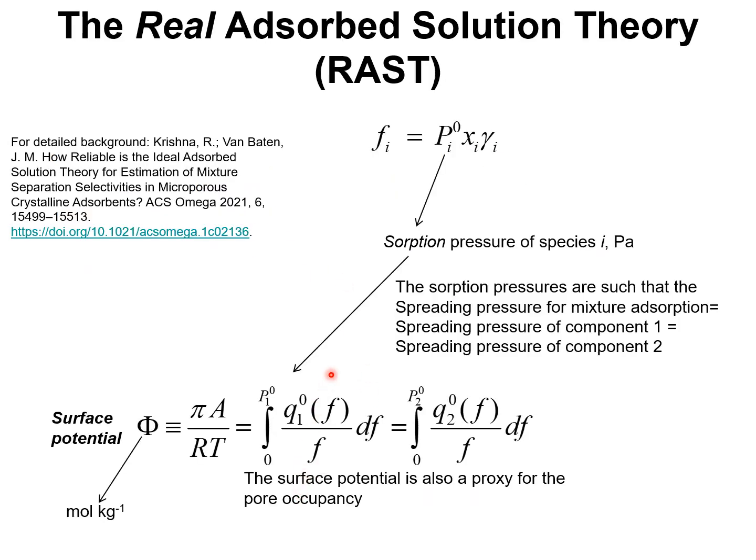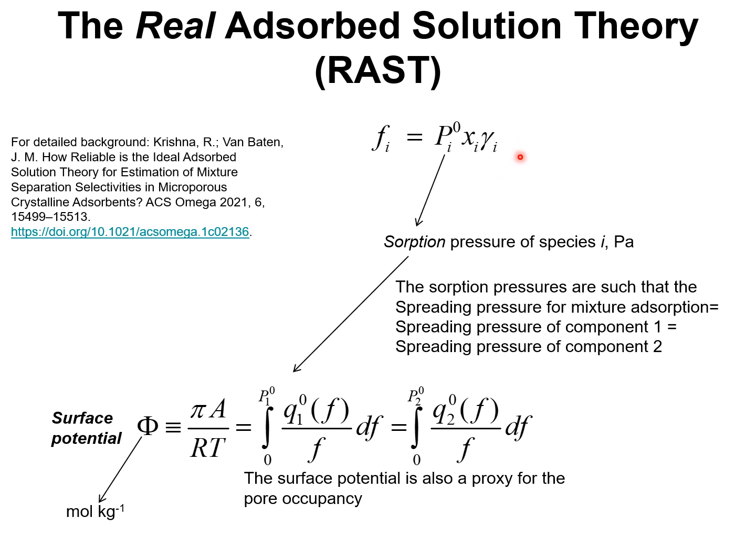In order to quantify the deviations from the ideal adsorbed solution theory for the four different scenarios highlighted in the foregoing slides, we need to introduce activity coefficients gamma i for each of the guest constituents.